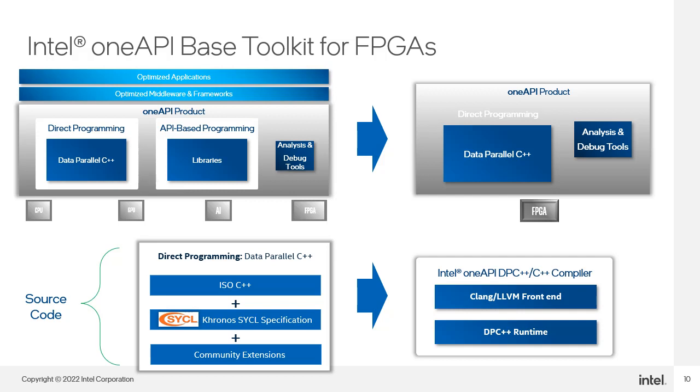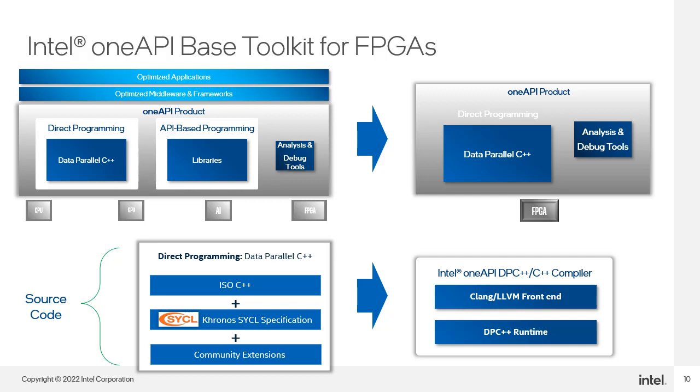The Intel OneAPI product consists of Data Parallel C++, DPC++, which enables direct programming, a bunch of libraries that support API-based programming, and of course, analysis and debug tools. DPC++, which is the programming language for OneAPI, is SYCL, maintained by Khronos and some community extensions.